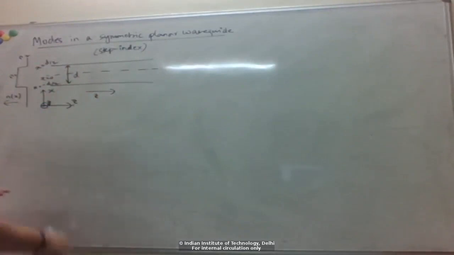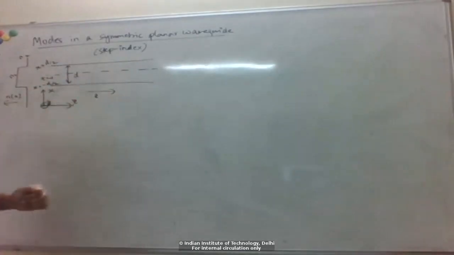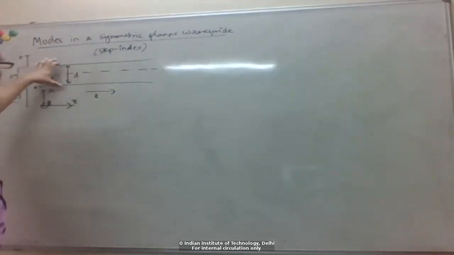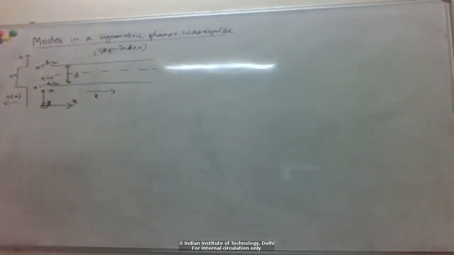Basically the idea would be to solve the wave equation in this kind of structure. We'll use some boundary conditions, like at these boundaries, and look for a solution which is invariant as it propagates along z. The only thing that the wave should acquire is a phase shift as it propagates along z. For example, in free space, plane waves just acquire a phase shift as they travel along the propagation direction.